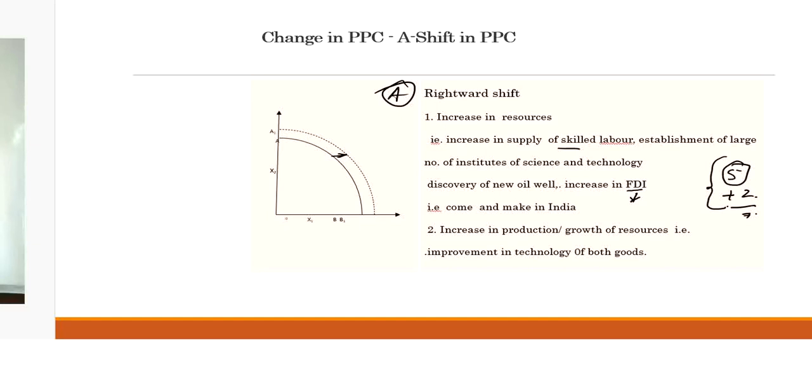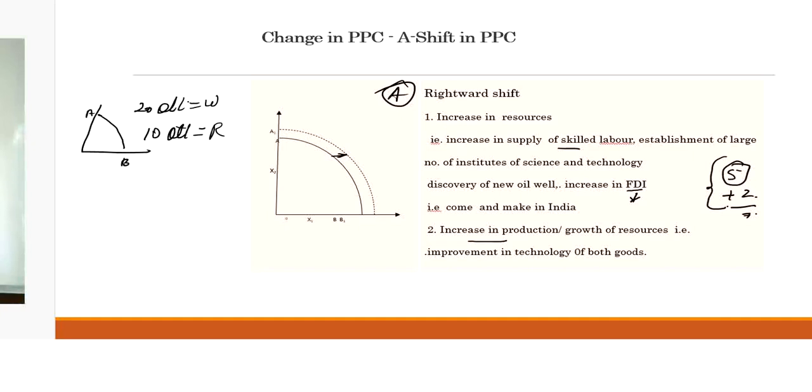Now, the second reason is increase in production. If resources are the same, there is no change in resources. They are at point AB, and you are producing 20 quintals of wheat and 10 quintals of rice in these given resources. Suppose you improve the technology of both, means technology of production of wheat and rice improved.